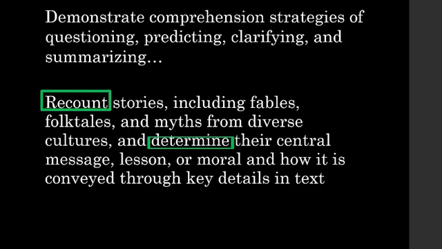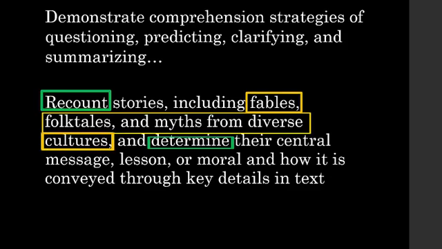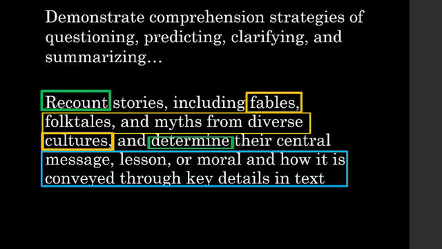And then next, I highlighted two different pieces that I want us to take a closer look at, okay? And the orange boxes, the orange portion, cites the types of works that are to be read, along with the specification that they come from different cultures.